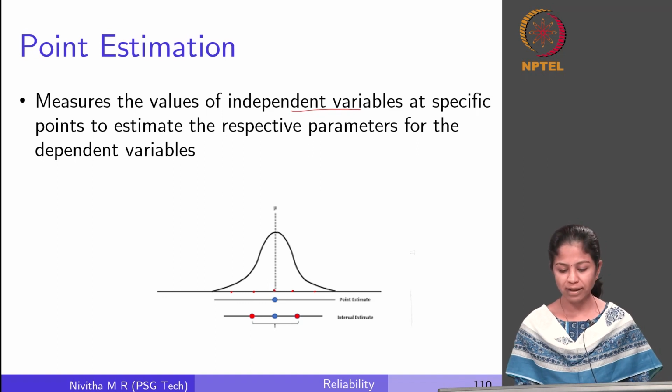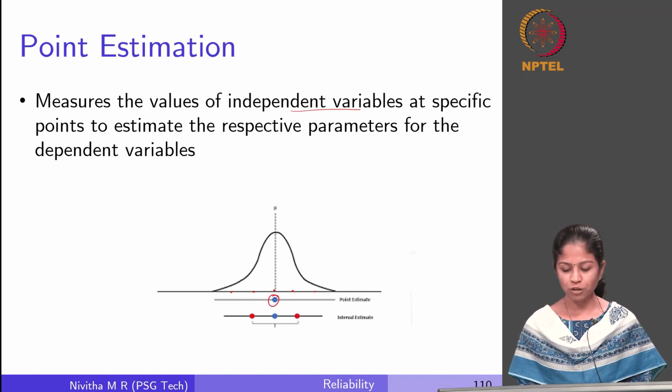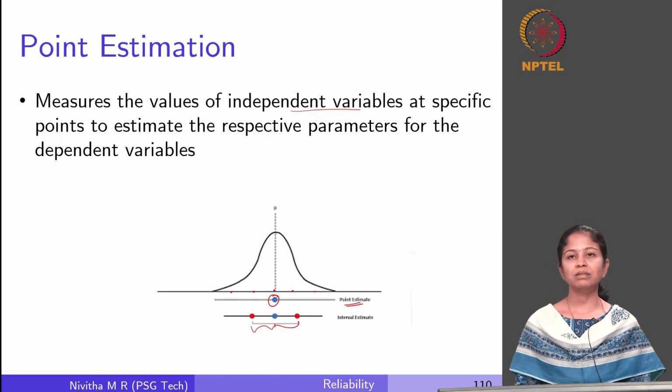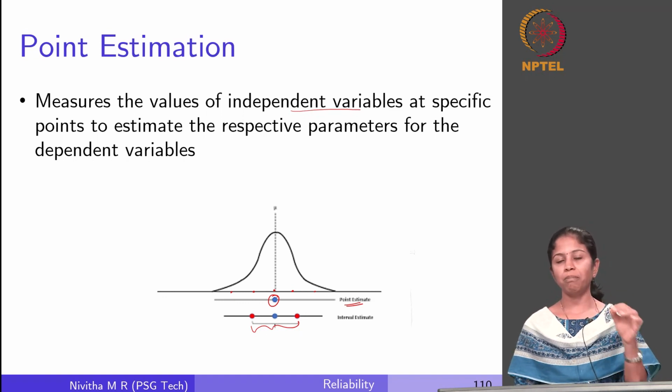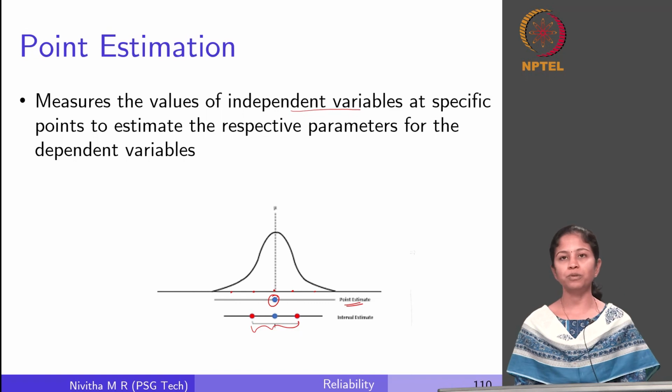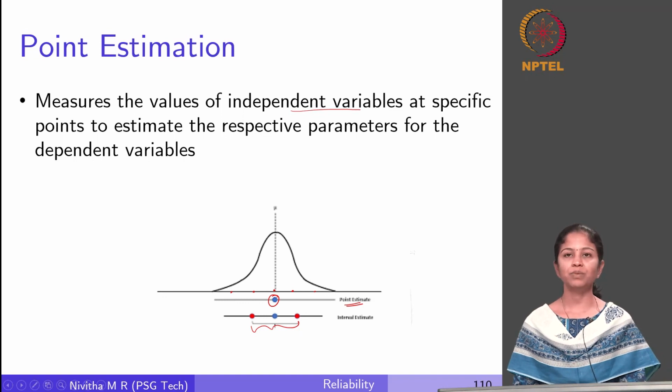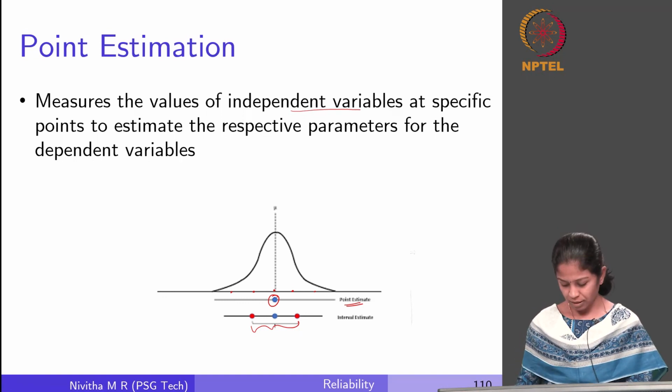So if it is done at some point it is called a point estimate, and if it is done over the range of an interval, it is called an interval estimate, right. Again in this method it uses only single point measurements, and the corresponding outputs are again obtained, but the distribution is not taken into account. So this is the second method which talks about point estimation.